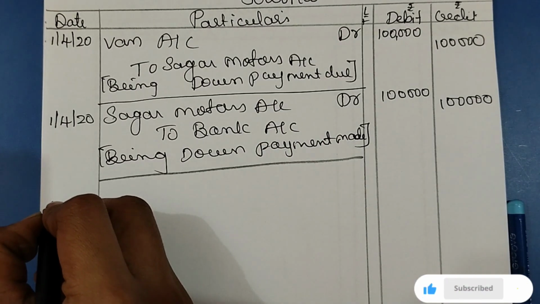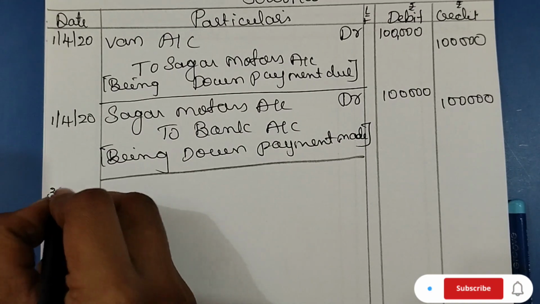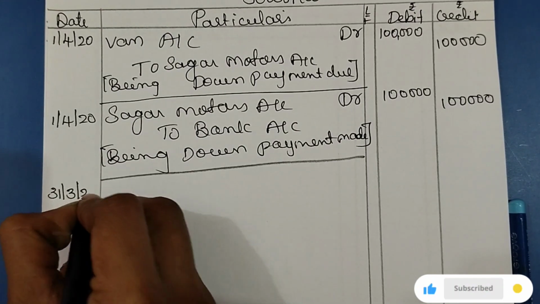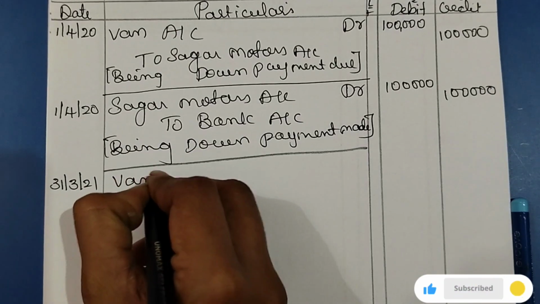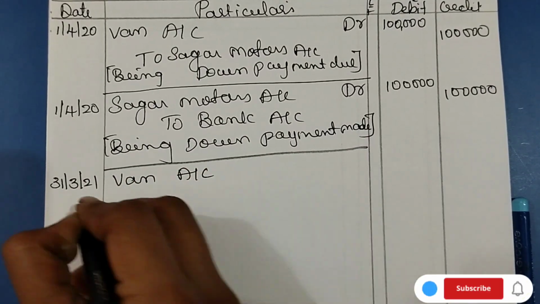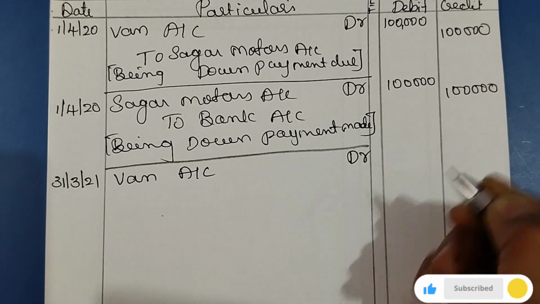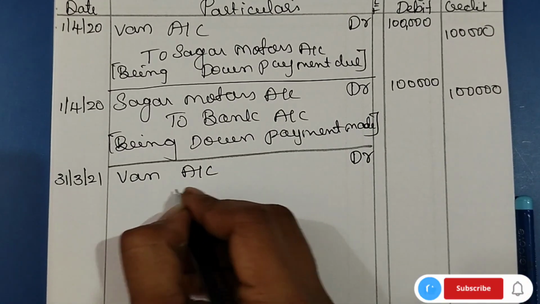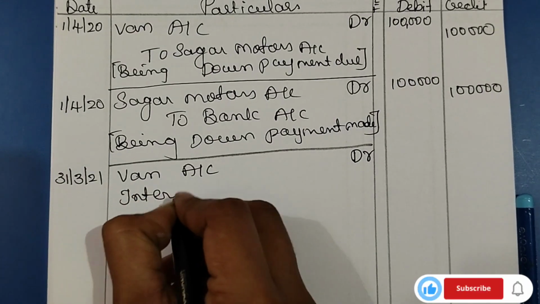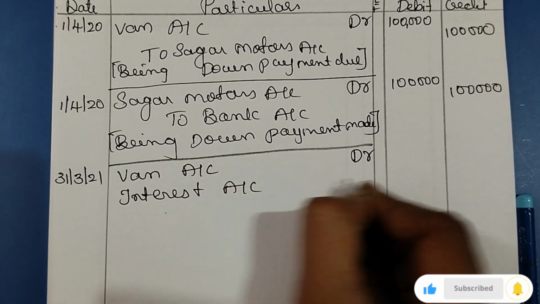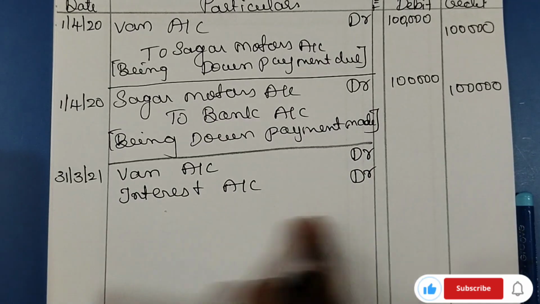The next entry is the first installment. Every year end we make installment payments. For what did we pay this installment? For the purchase of the van. So we debit van account, and along with the principal amount there is interest also.